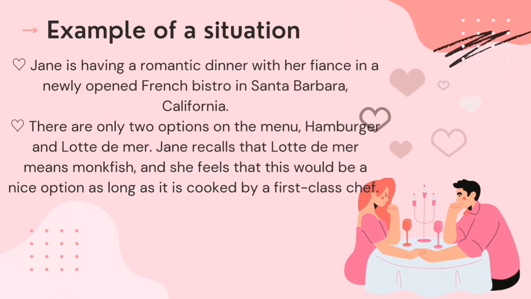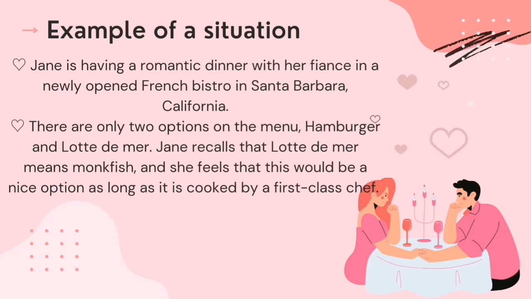For example, Jane is having a romantic dinner with her fiancé at a newly opened French bistro in Santa Barbara, California. After having enjoyed a vegetarian starter, Jane has to choose a main course. There are only two options on the menu, which are hamburger and lotte de mer.